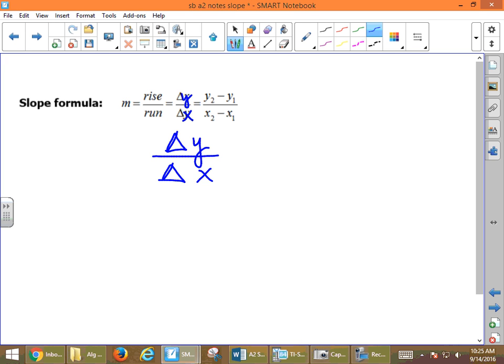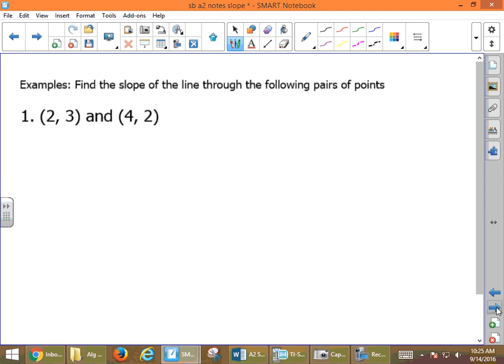But the formula, fortunately, is correct. It is y sub 2 minus y sub 1 over x sub 2 minus x sub 1. If you had Miss Myers for geometry, she likes to do y sub 1 minus y sub 2 over x sub 1 minus x sub 2. That works fine. I just want to recognize that she does it slightly different, and there's no issue there.